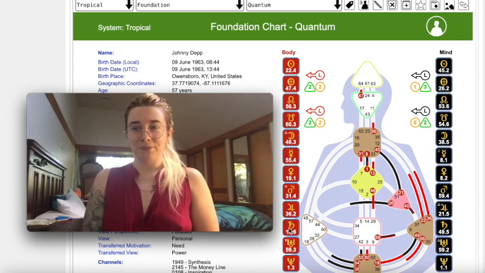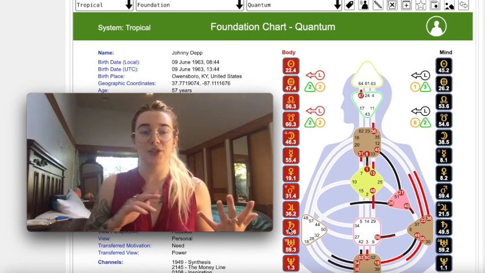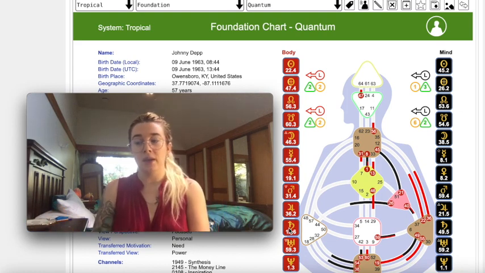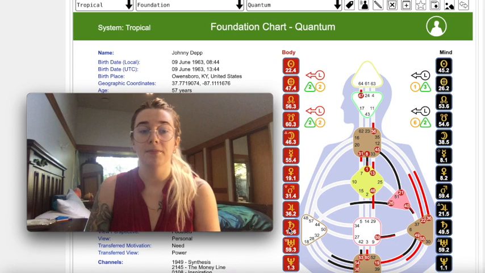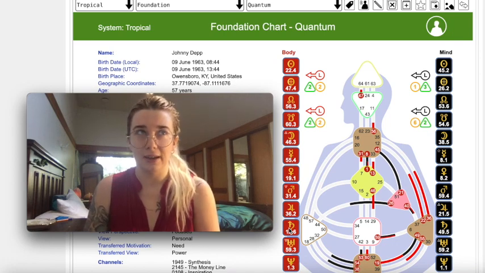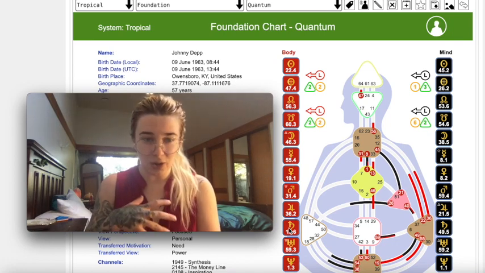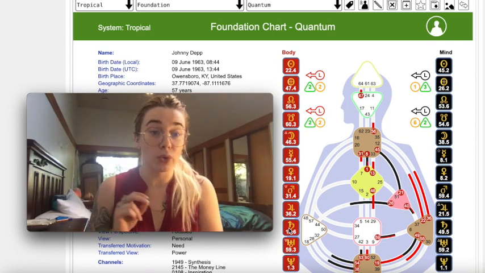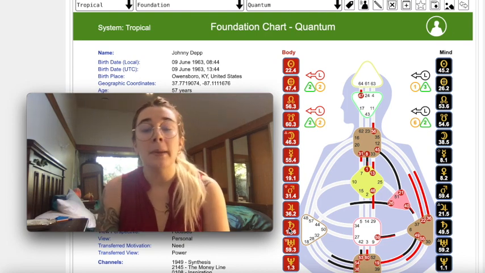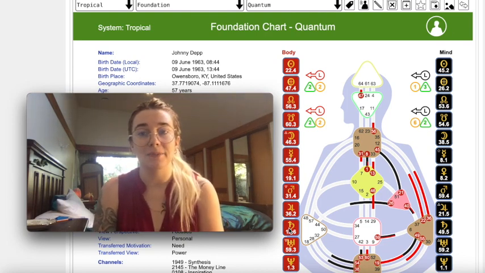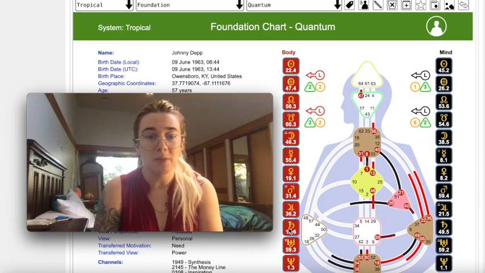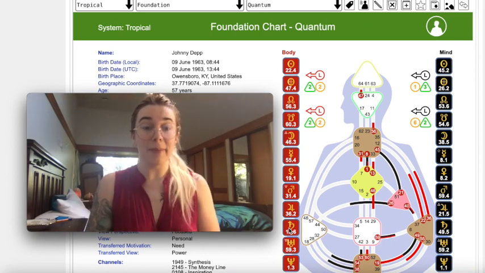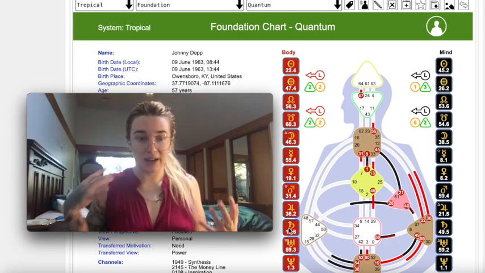So let's just jump back to the generator and the manifesting generator for a second, right? Sacral energy is very... Okay, so the sacral battery, out of all of the motor centers, the sacral is the only one that is sustainable, meaning it's designed to be recharged every night while you sleep, and then you wake up and you're like, oh yeah, I'm ready to go, I want to create.